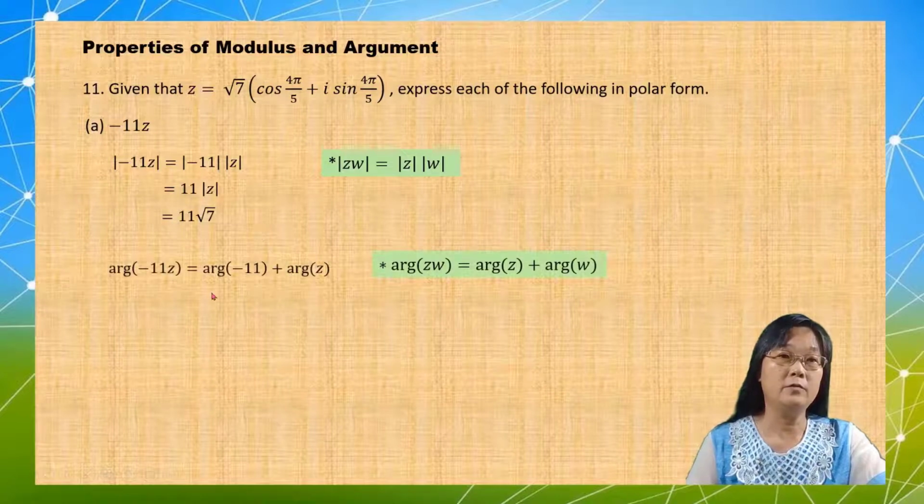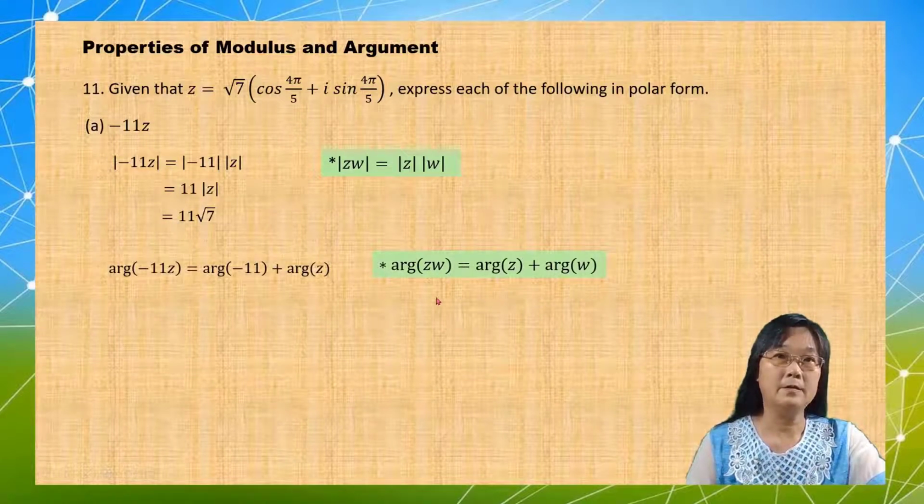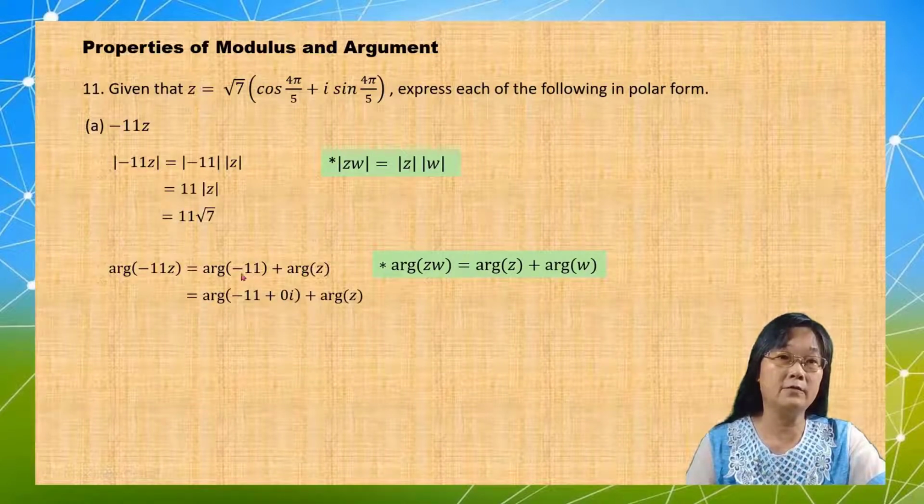Now as for the argument, based on the properties of the argument here, the argument of negative 11z is equal to the argument of negative 11 plus the argument of z. So for this negative 11, if we want to find the argument, we write negative 11 as a complex number, that is negative 11 plus 0i.